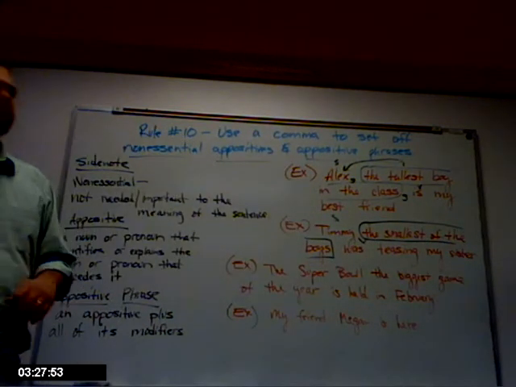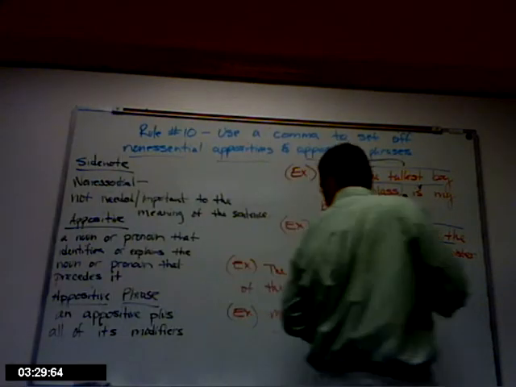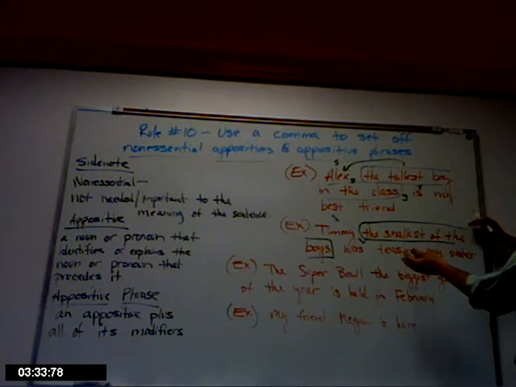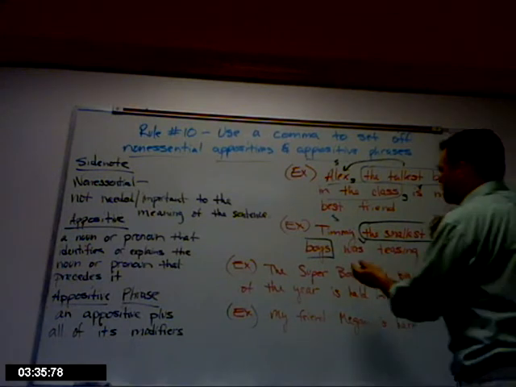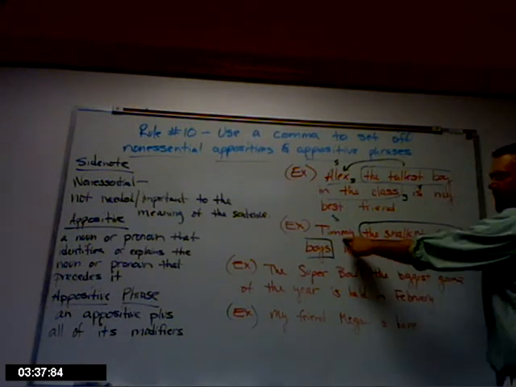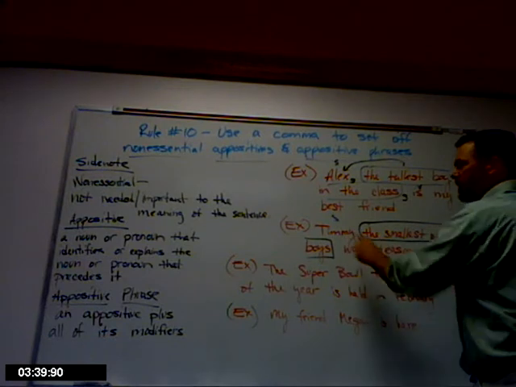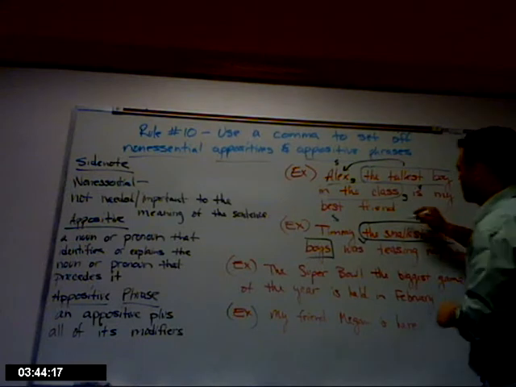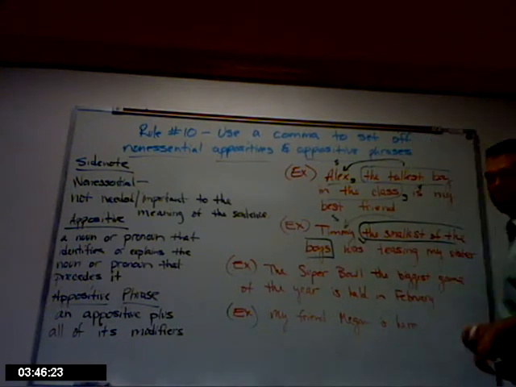That gives the extra information. And going back to, hey, what is an appositive? It's a noun or pronoun that identifies or explains. The smallest of the boys explains who Timmy is, the noun that precedes it. So again, it comes back there. But we still haven't put our commas in.